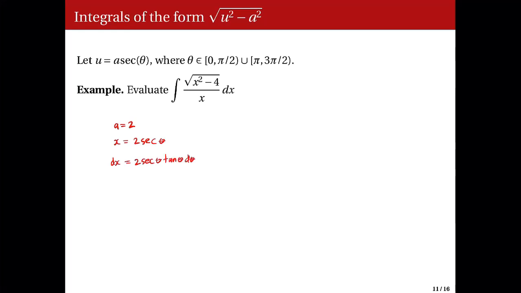And then we have square root of x squared minus 4, which is equal to square root of 4 secant squared theta minus 4, and this is just 2 tangent theta.